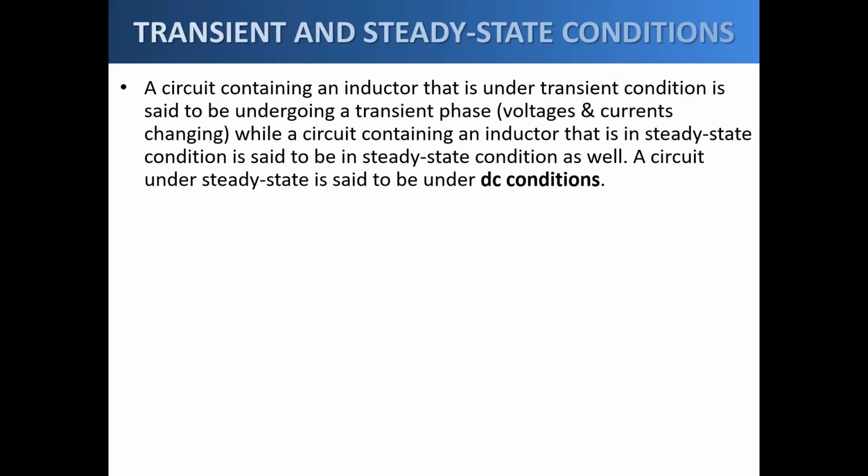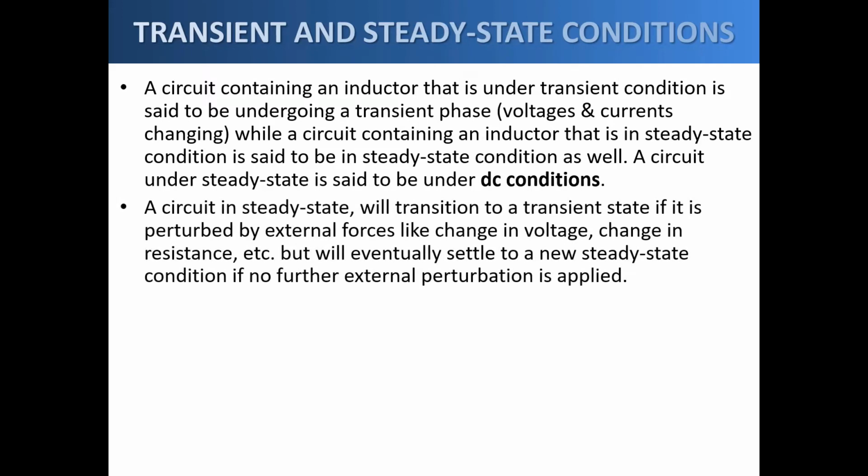A circuit containing an inductor that is under a transient state, or undergoing changes, is said to be in a transient state itself. That means the voltages and currents keep changing, while a circuit containing an inductor that is in steady state is said to be in a steady state condition as well. Sometimes a circuit that is under steady state is said to be in a DC condition.